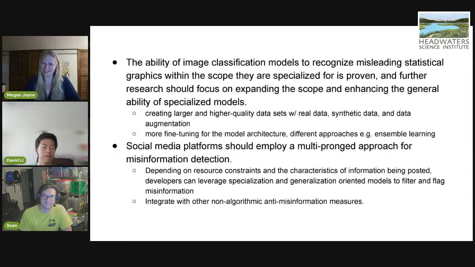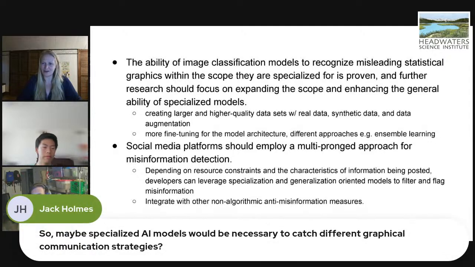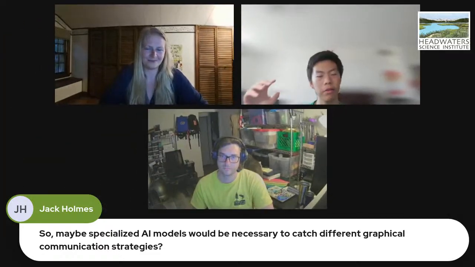Awesome. I've got one question here from our audience, and this one's about catching different graphical communication strategies. Maybe you could first implement a model to categorize what type of graph.